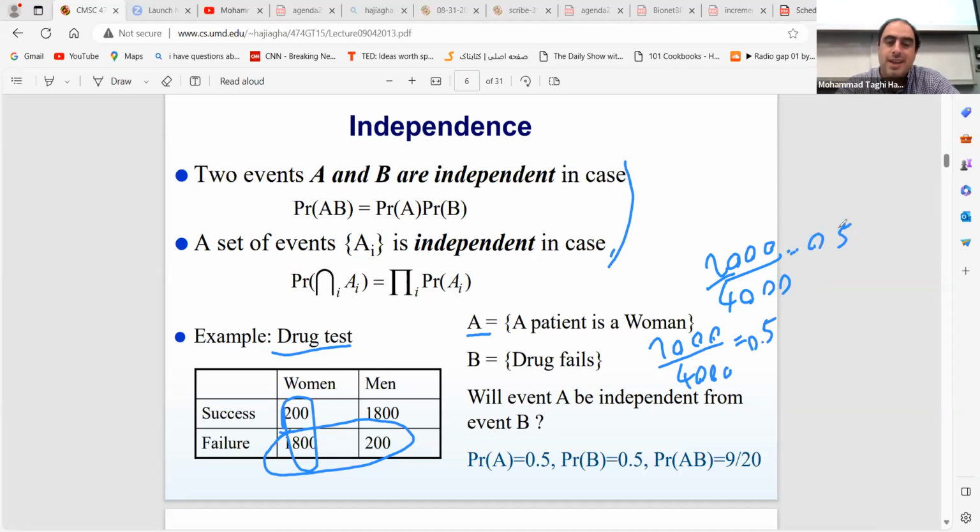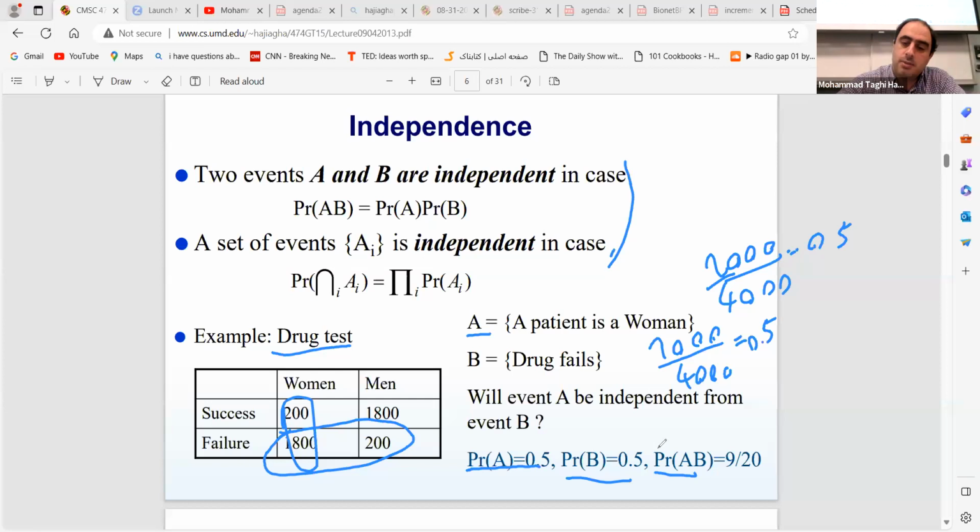And then you want to say whether the events A and B are independent or not. So we can just use the formula. We knew the probability of A is half, probability of B is half. Now, what about the probability of A intersection B?